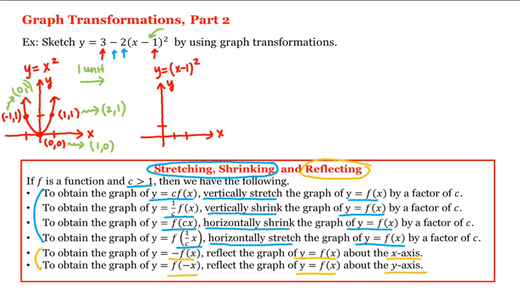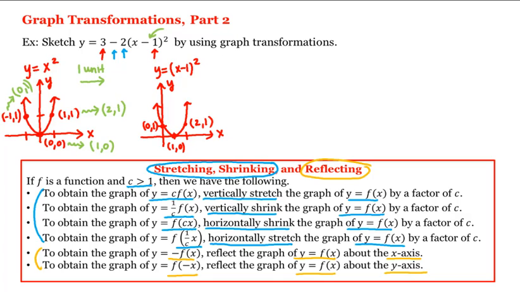So 0, 0 moved to 1, 0, which is here. 1, 1 moved to 2, 1, which is here. And negative 1, 1 moved to 0, 1, which is here. So this graph will look like this. So this is the point 1, 0. This is the point 2, 1. And this is the point 0, 1.